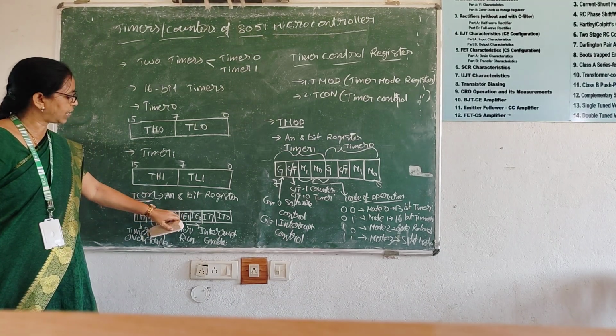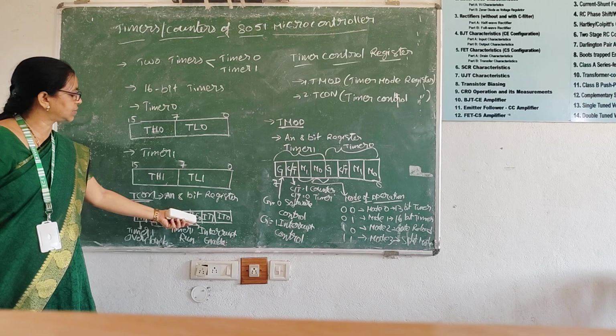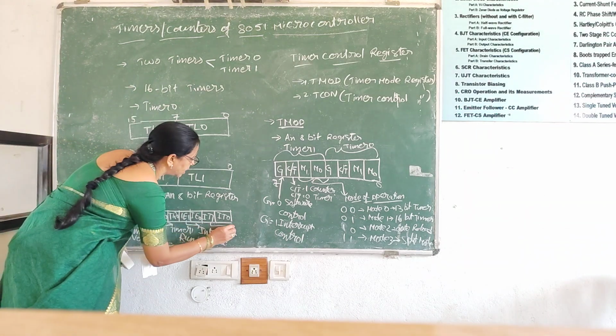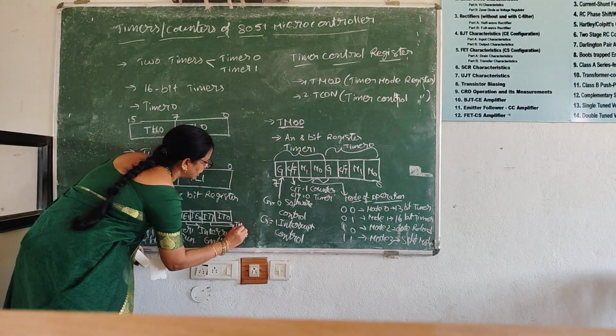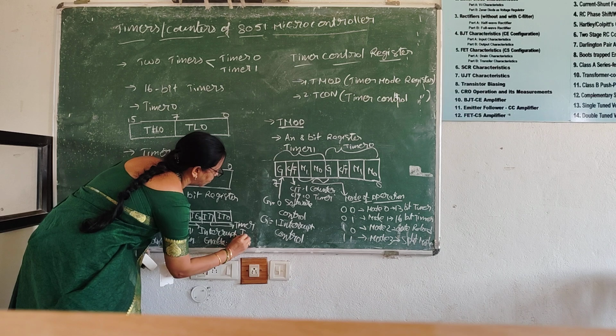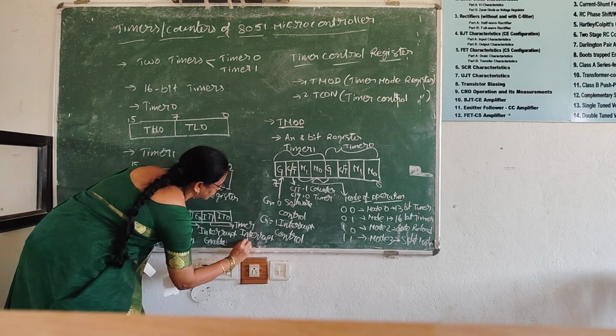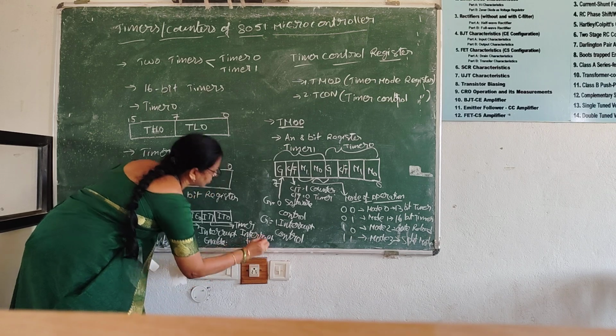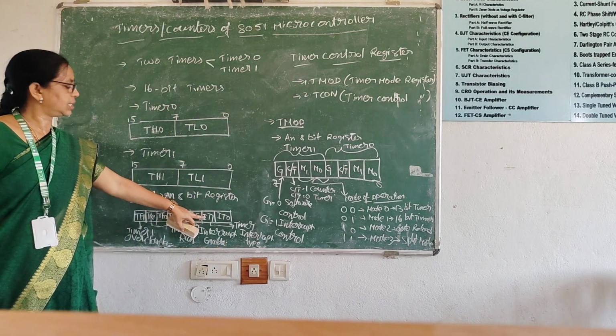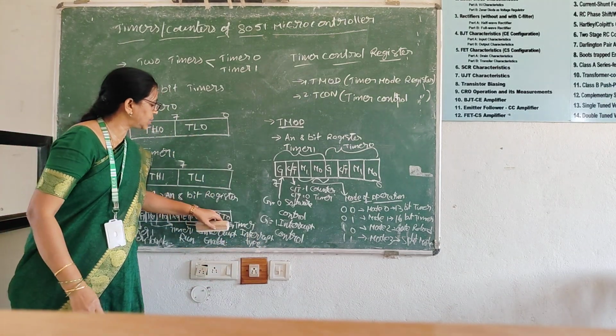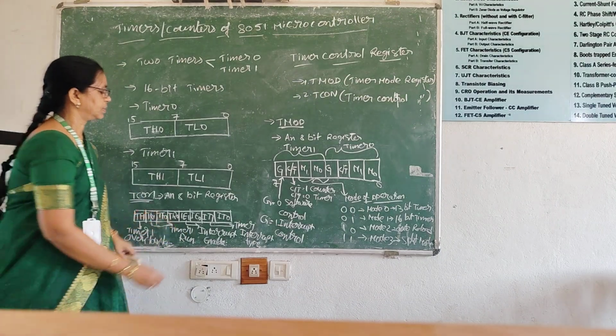This is for timer 1, and the next bit is for timer 0. This defines the timer interrupt type: for timer 1, and this is the timer 0 interrupt type.